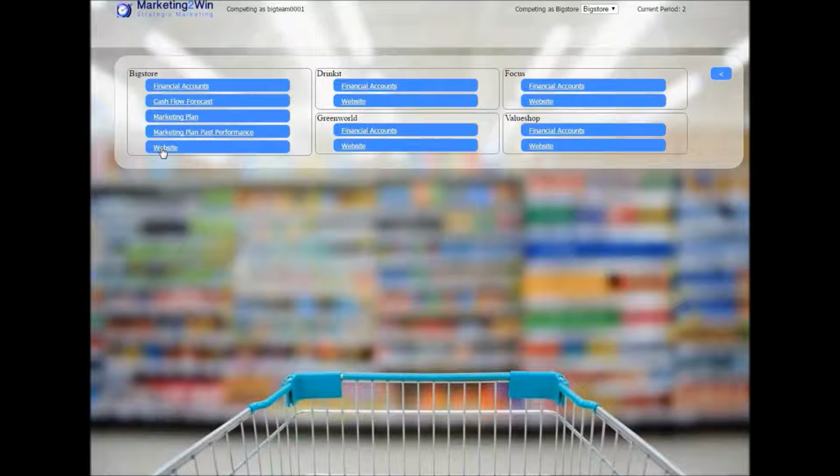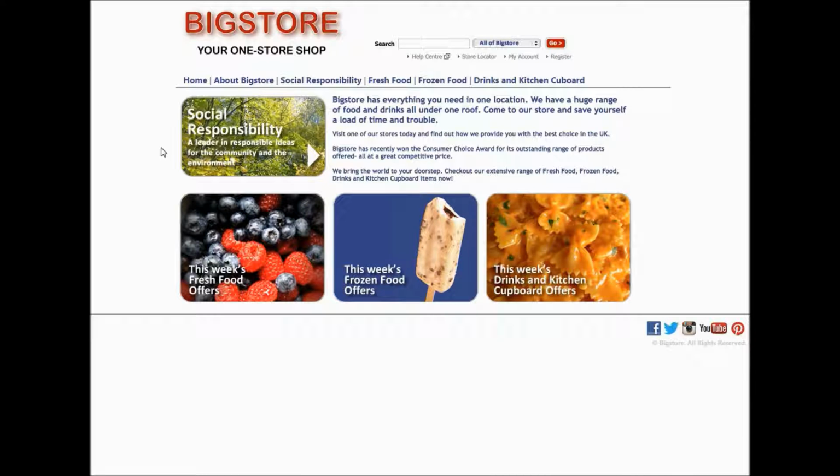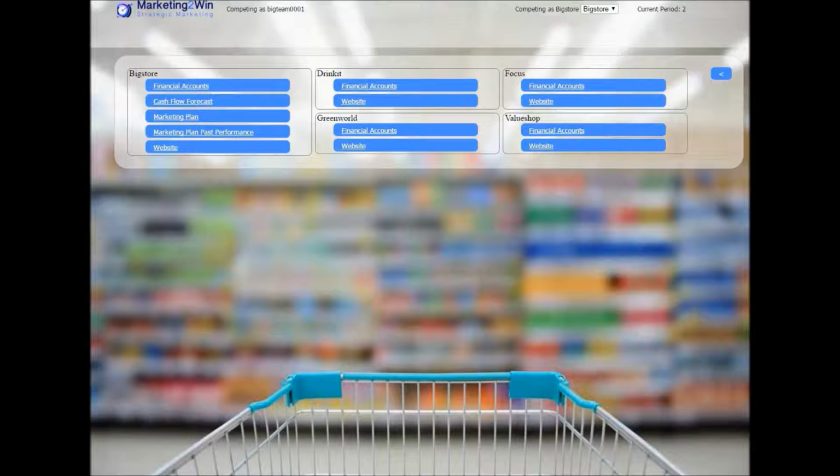I'm logged in as Big Store, so I can take a look at my Big Store website and find out more about my company. And if I wanted to, by returning to the game, I can also look at the websites of our competitors and start doing some initial competitor analysis. That will help you get to know your company and your competitors a little bit as well.